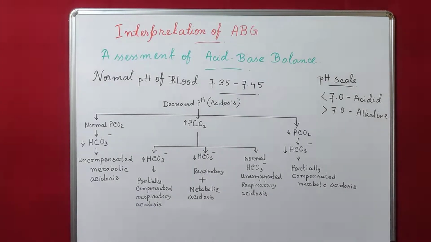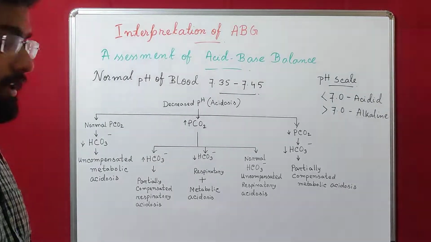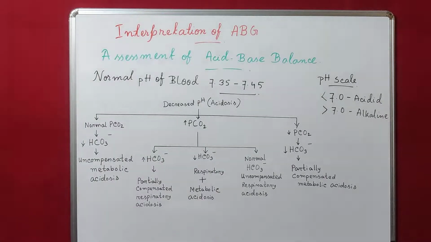Mathematically, pH is the logarithm of the reciprocal of the hydrogen ion concentration of any solution. Logarithm to the base 10, not to the base e, of the reciprocal of hydrogen ion concentration.